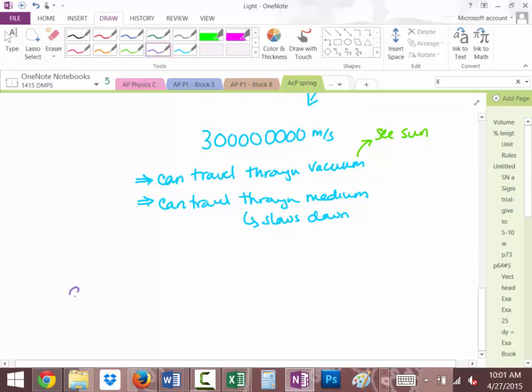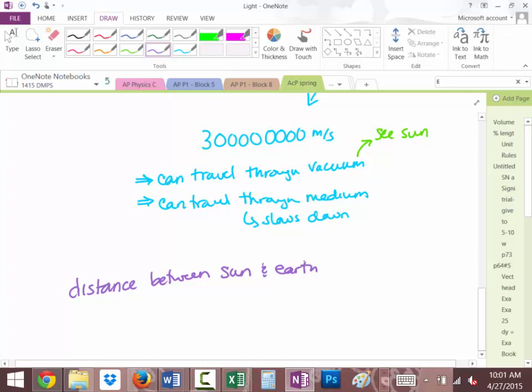So the distance between the sun and the earth, generally when we talk about distances, we talk about things in terms of meters or kilometers, right? But we can also talk about it in terms of these things called light minutes or light years.